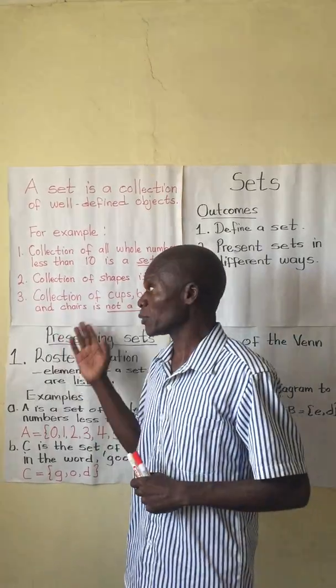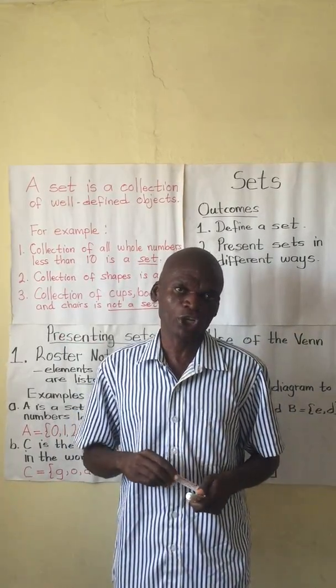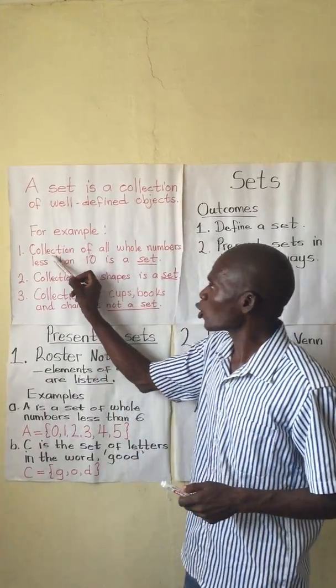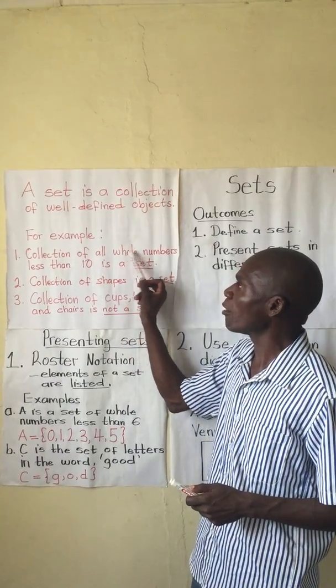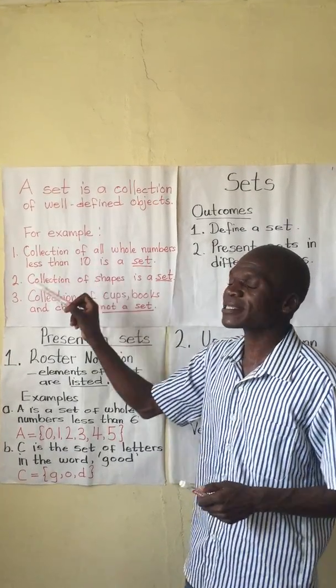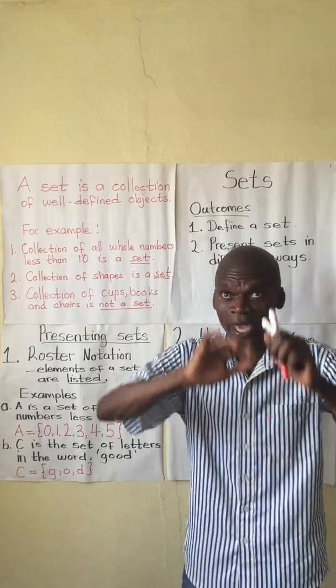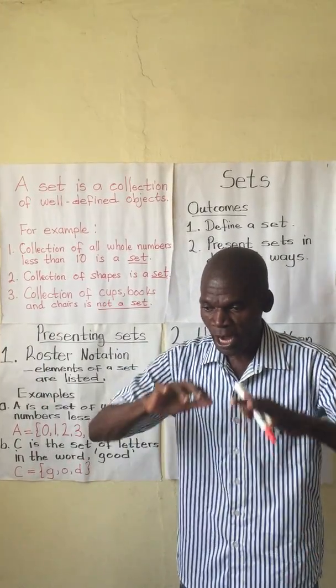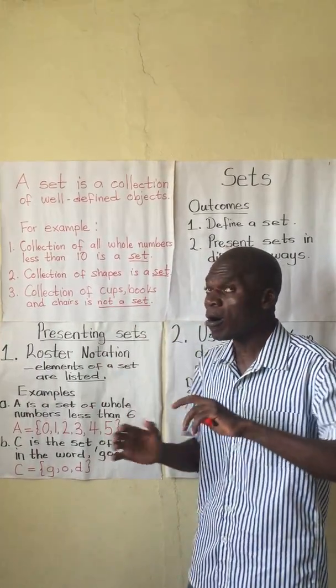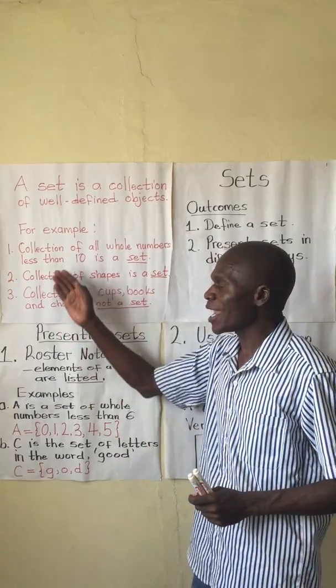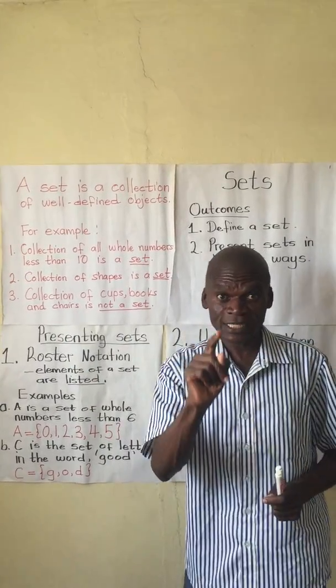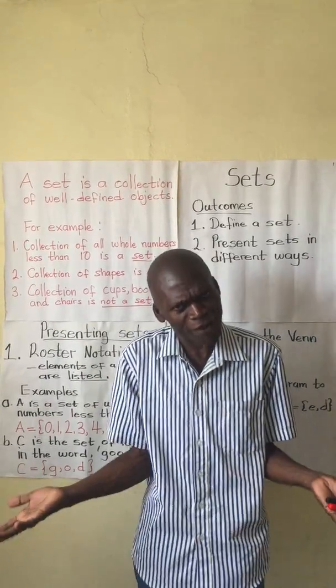We have 3 examples here. The first one, collection of all whole numbers less than 10. A collection, a group, of all whole numbers less than 10. This is a set because we have the numbers.